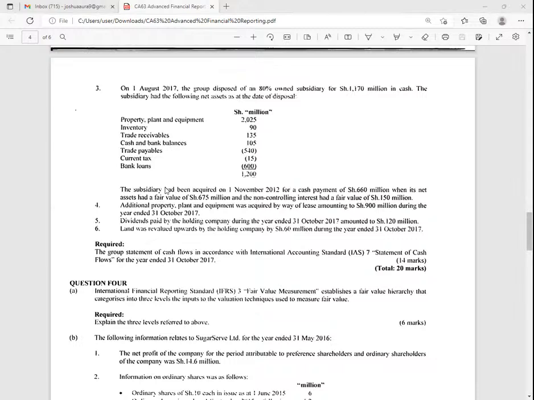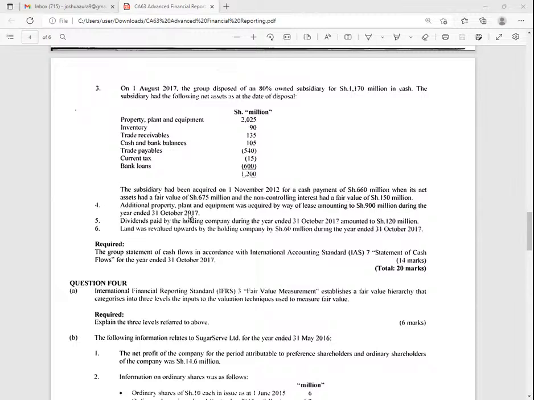We are told that the subsidiary had been acquired on 1st November 2012 for a cash payment of 660 million, when its net assets had a fair value of shilling 675 million, and the non-controlling interest had a fair value of 150 million.